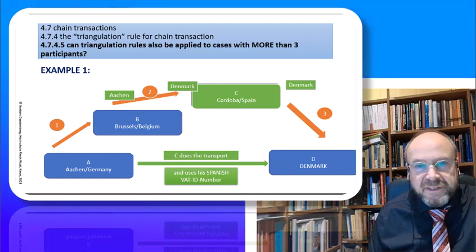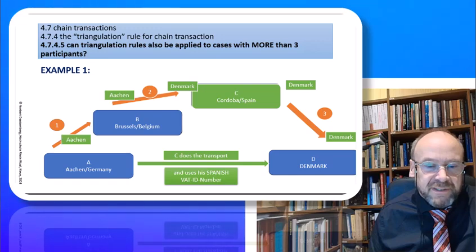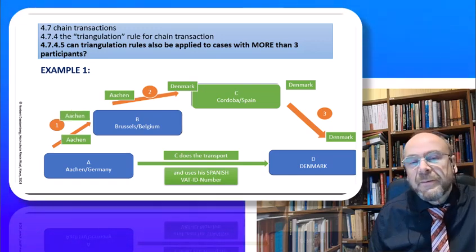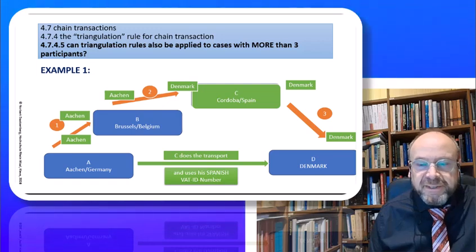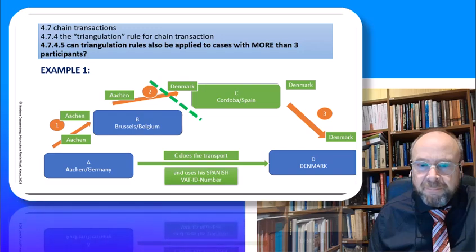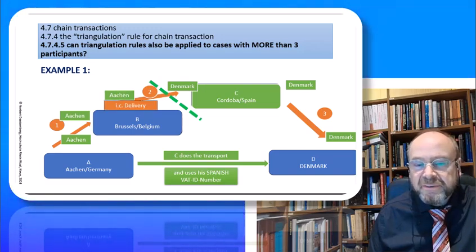Then the next transaction, the good is already in Denmark, it stays in Denmark, and the first transaction, the good began in Aachen and stayed in Aachen. In that constellation, as you see here, we have crossing the border, and we have an intra-community delivery from Aachen to Denmark for B in Brussels.